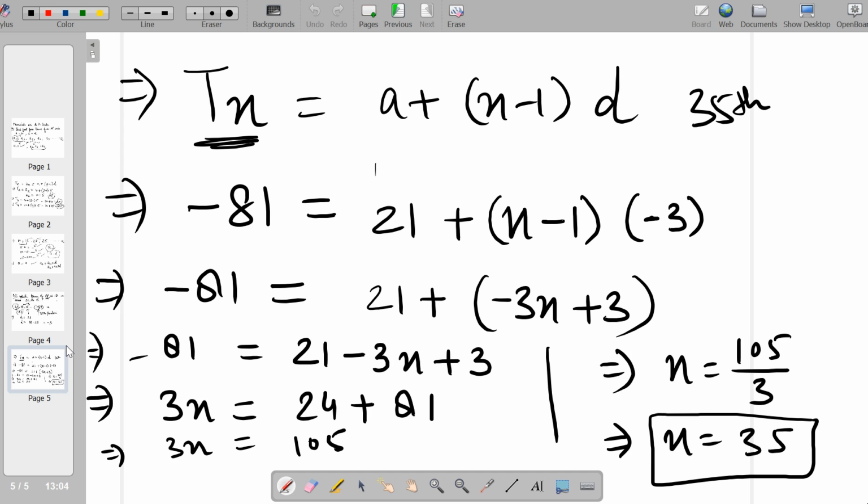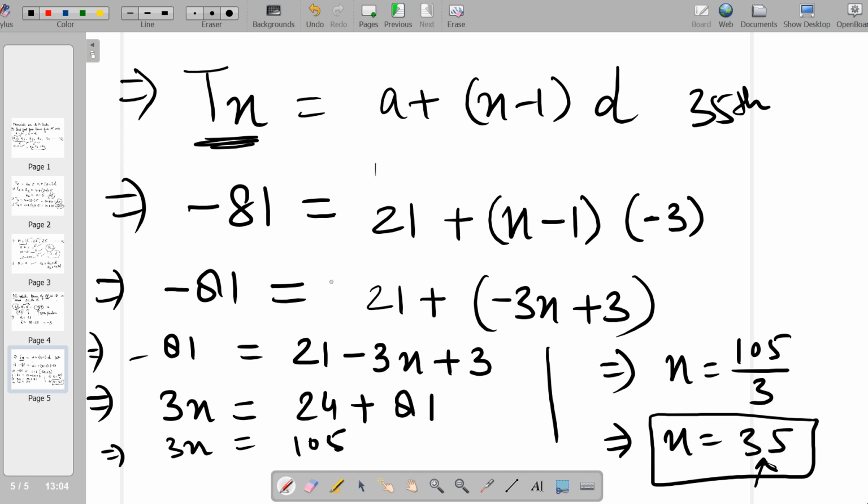Your answer is the 35th position. So n equal to 35 is not the value of the element. This is the value of the position. This is giving you the place value. 35th.